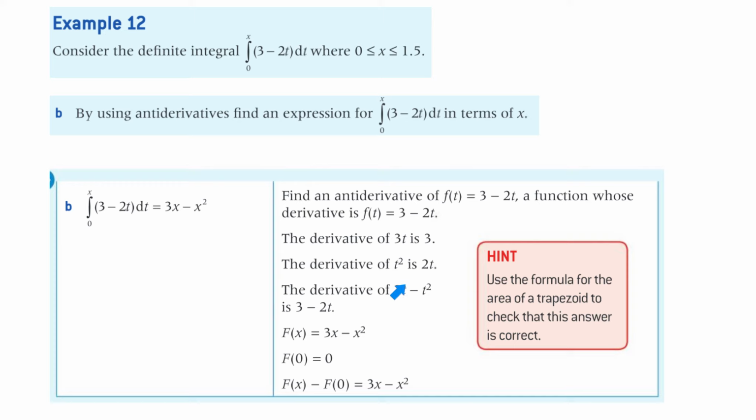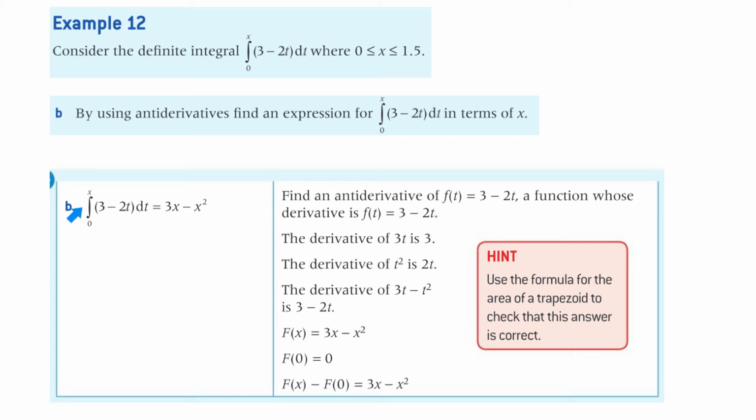The t becomes t to the power 1 minus 1, which is t to the 0, so that just becomes 3. When you take the derivative of this, the 2 comes down to the front, so it becomes minus 2t, and then you take 1 away from the 2, that's a 1. So that would be 3 minus 2t. So we found that function that would have that as a derivative.